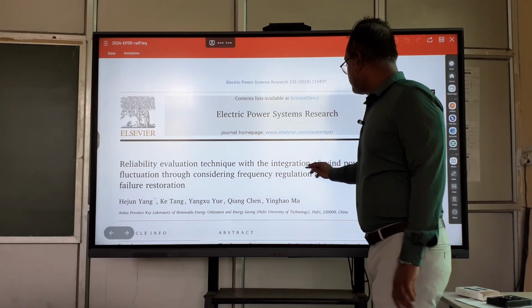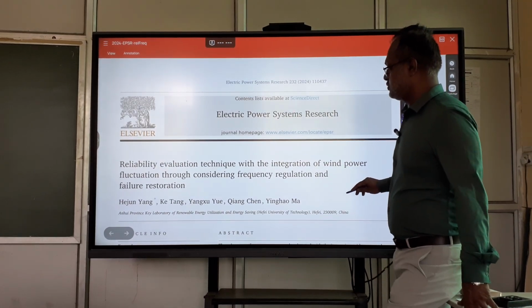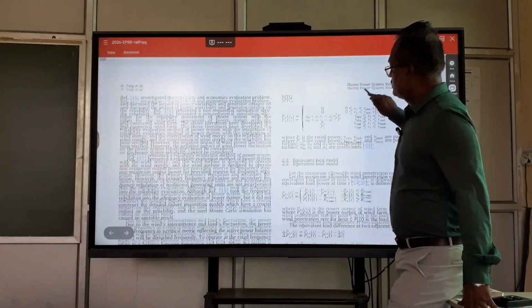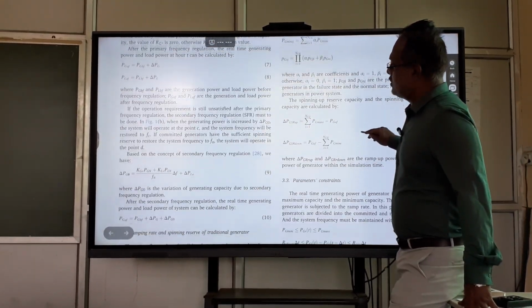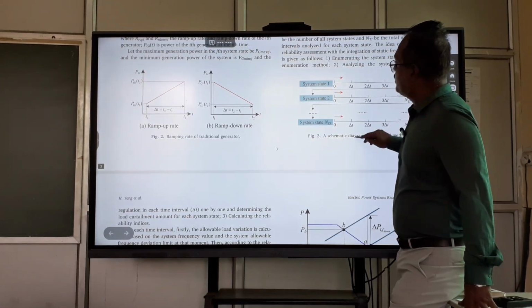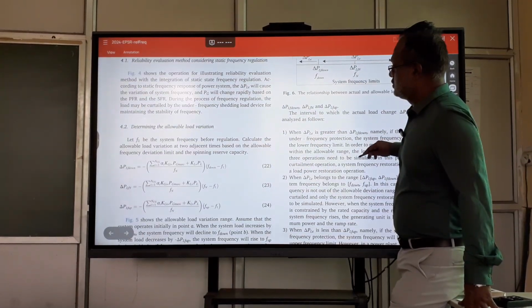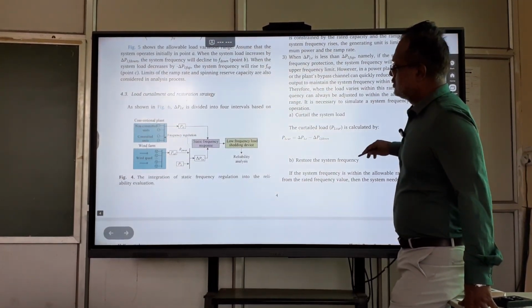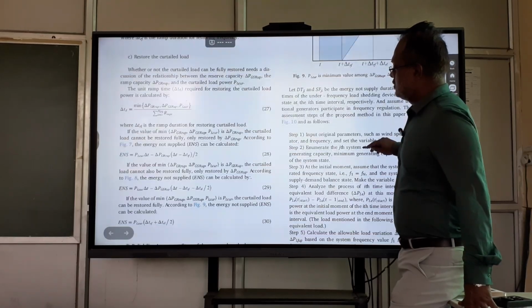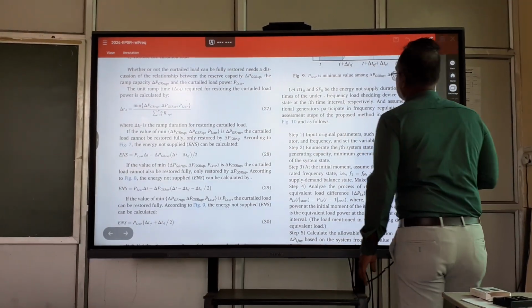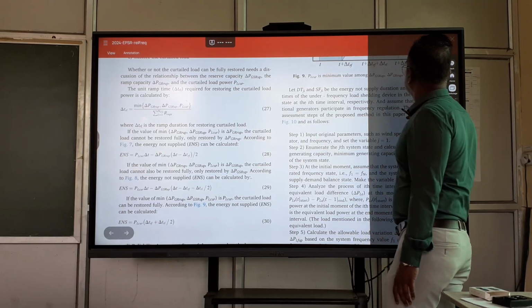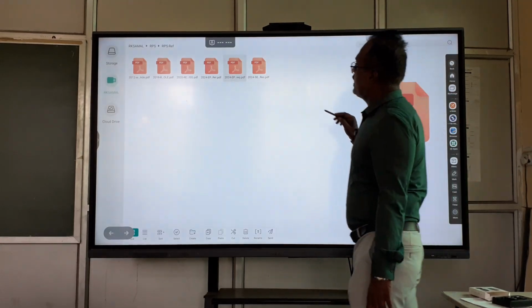Reliability evaluation techniques with the integration of wind power fluctuation. Again, the same concepts of LOLE and LOEE will be used here. The last one.